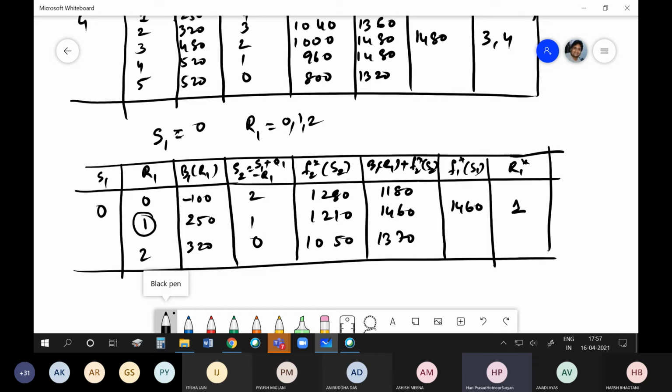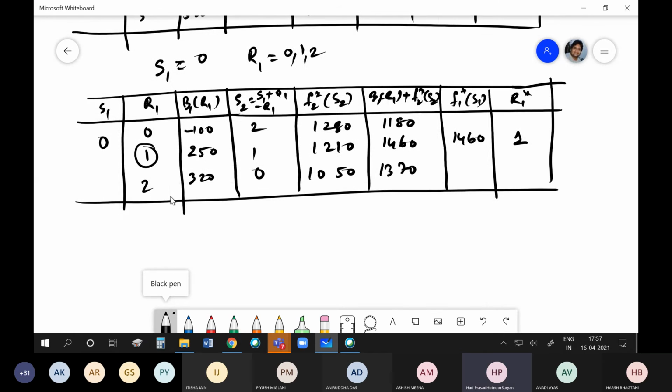If the storage is 0 at the beginning, how much should I release in the first? 1. In the first season, R1 is equal to 1 unit.